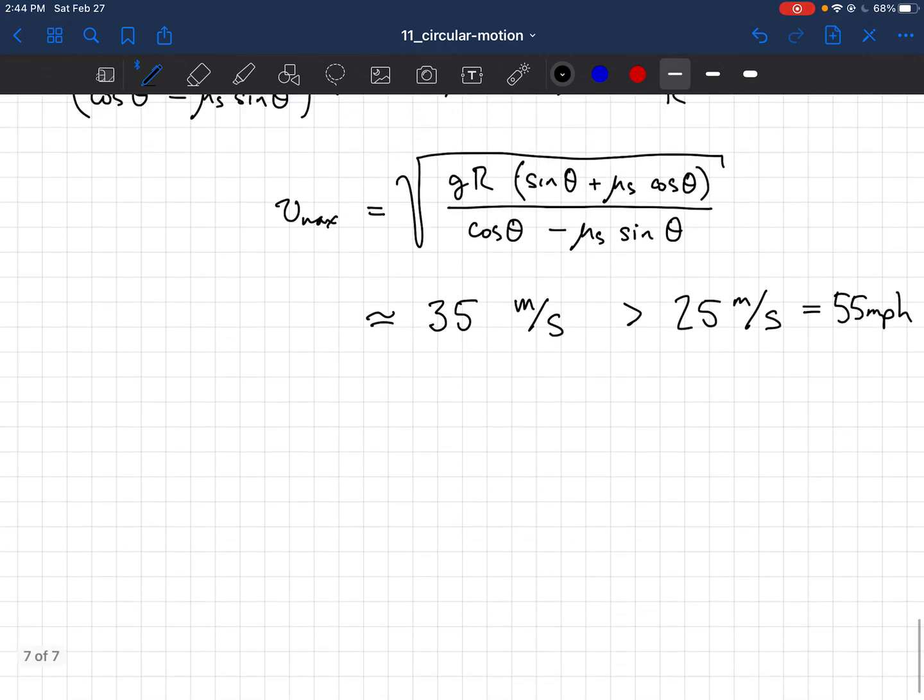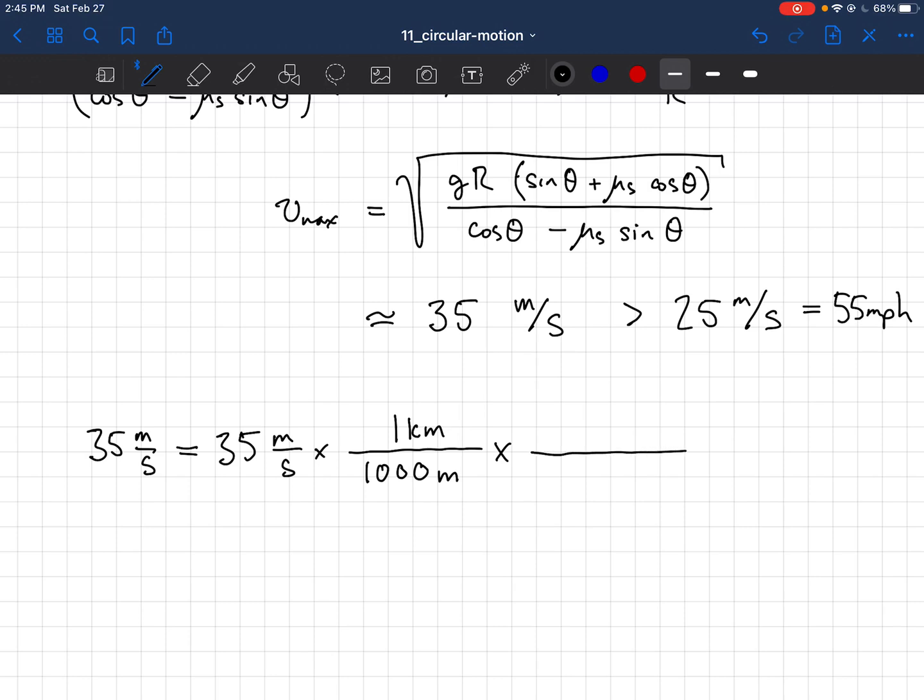So let's figure out what that is in miles per hour. How do we do that? 35 meters per second is equal to 35 meters per second times, and now I want to convert to miles per hour. The factors that I know are, there are 1,000 meters in 1 kilometer.